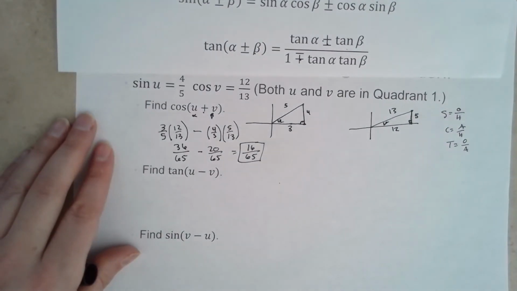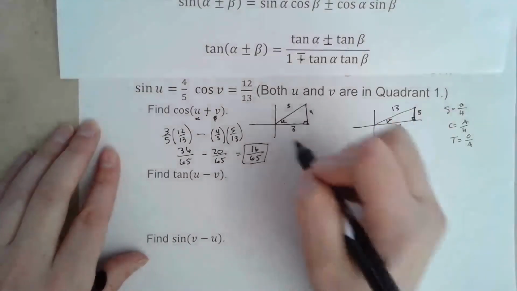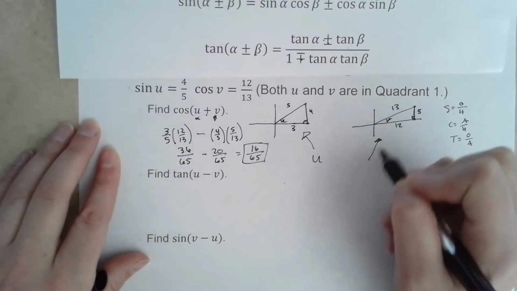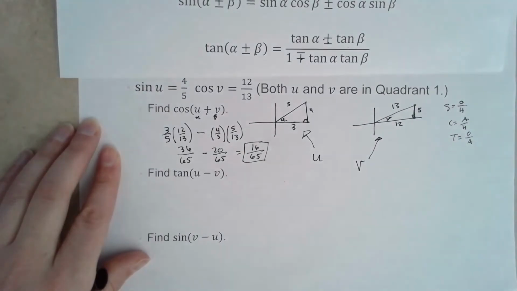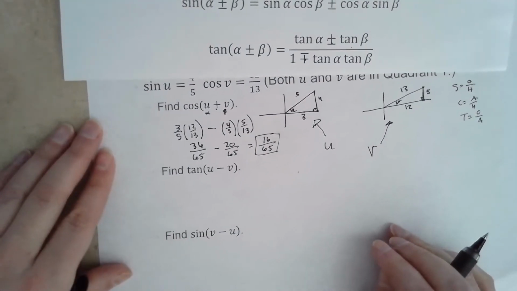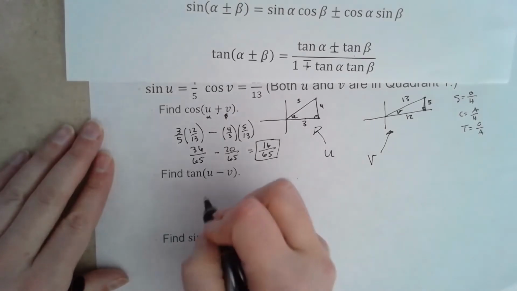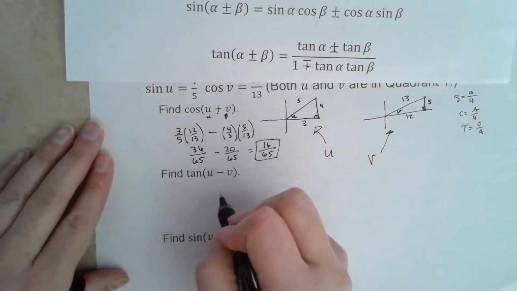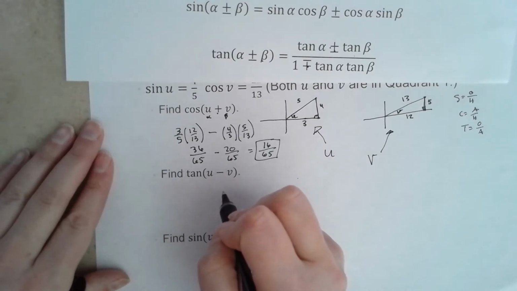Okay, so still using these, so this is still my u and v. We're going to do tangent. Okay, so if I do tangent u minus v, so first thing I need is tangent of alpha.